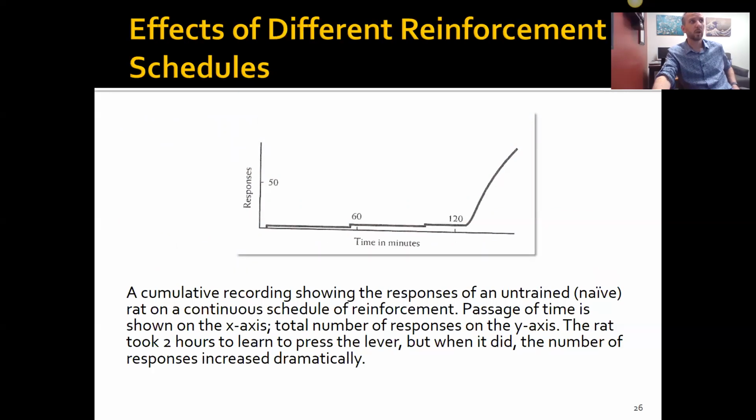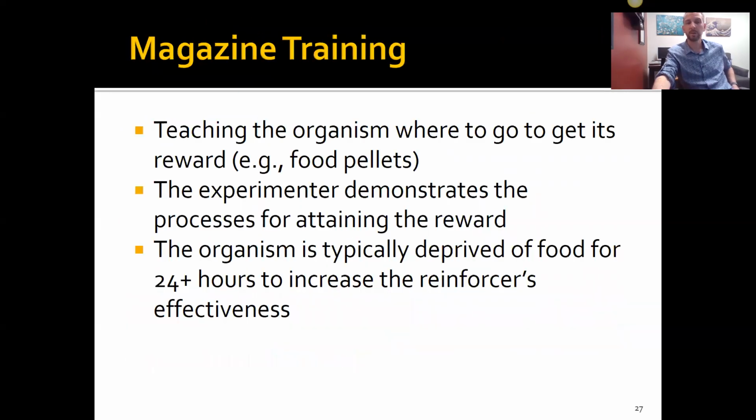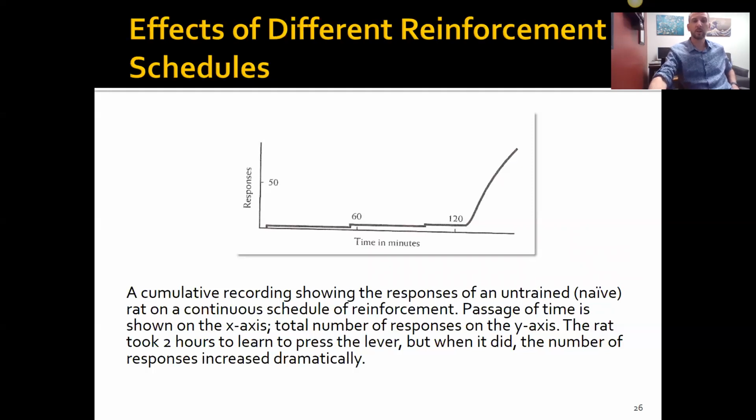Basically, if you use these methods, if you start off with a variable or inconsistent reinforcement, you learn it very slowly. If you want a person to learn a behavior, to pick up a behavior, at first, reinforce them every single time.